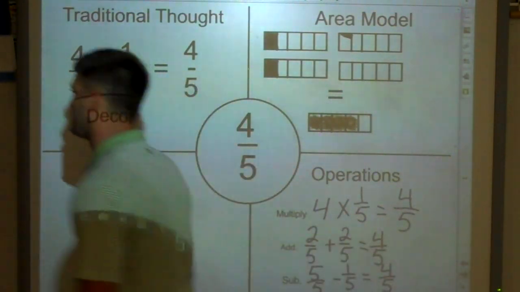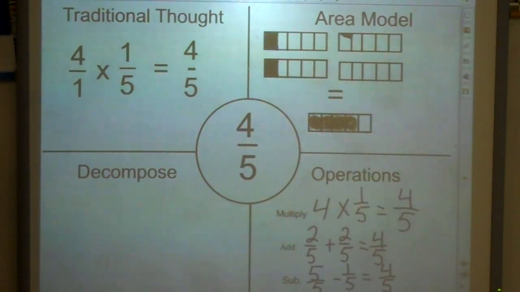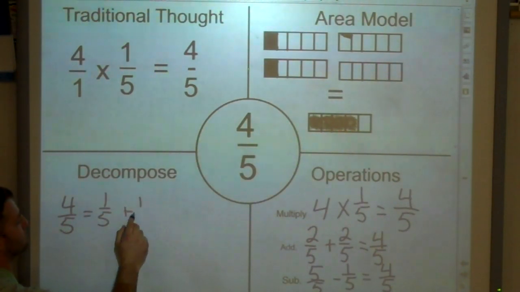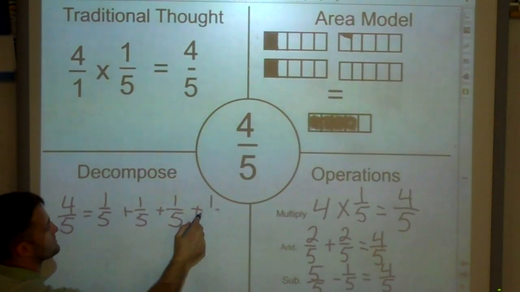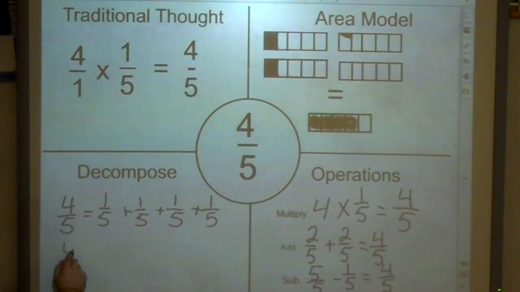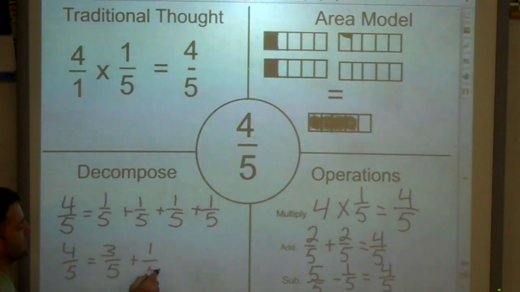And remember, when we decompose, it is breaking down our fraction. So I'm going to write it as an equation. 4/5 equals, I could say 1/5 plus 1/5 plus 1/5 plus 1/5. I could also decompose it as 3/5 plus 1/5.